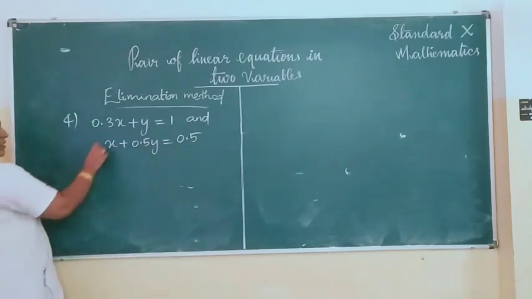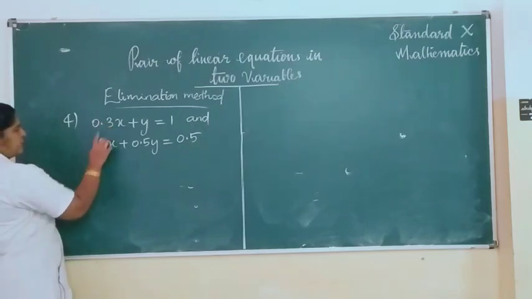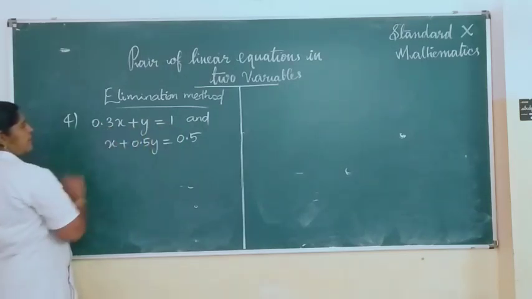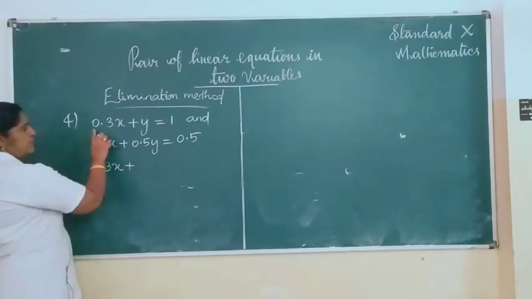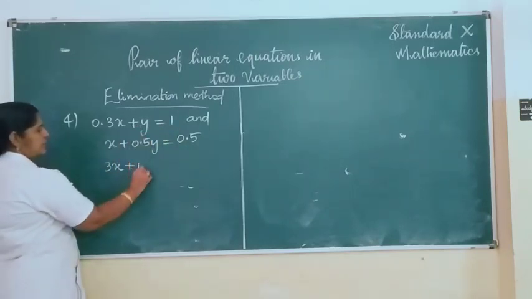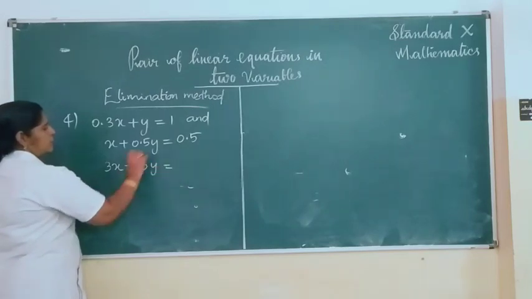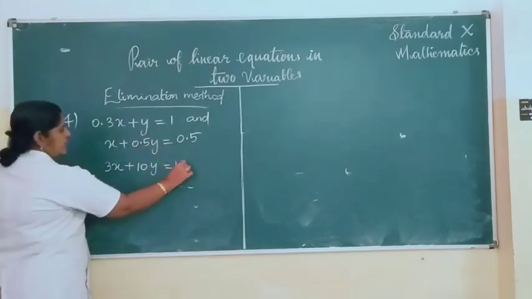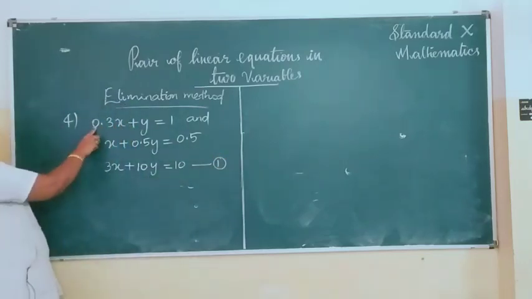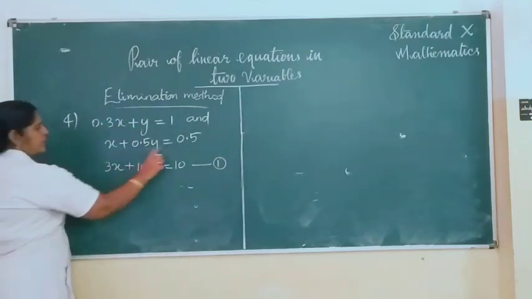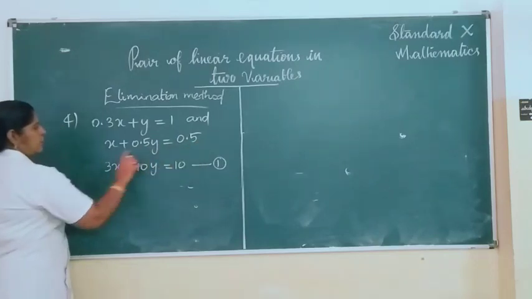So first we change this equation by multiplying by 10, so it becomes 3x plus 10 into 1, that is 10y, equal to 1 into 10, that is 10. So this is our first equation, equivalent to the given equation. Here also we multiply throughout by 10.